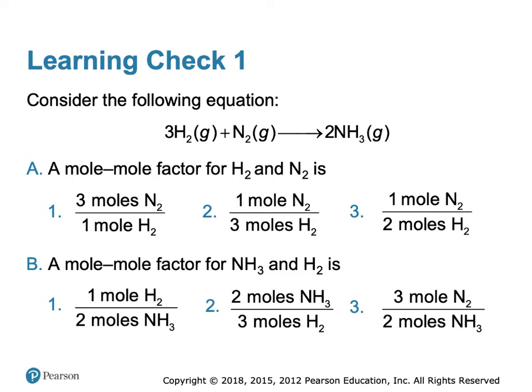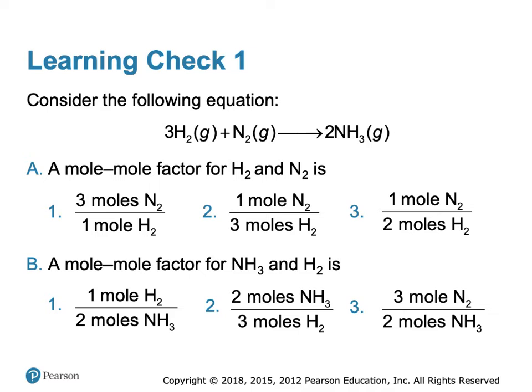So here in this learning check, we need to consider the following equation, where we have 3 moles of hydrogen gas reacting with 1 mole of nitrogen gas to form 2 moles of ammonia gas. You need to choose the correct mole-mole factor for each of the questions. So let's look at A. It says a mole-mole factor for hydrogen and nitrogen is.